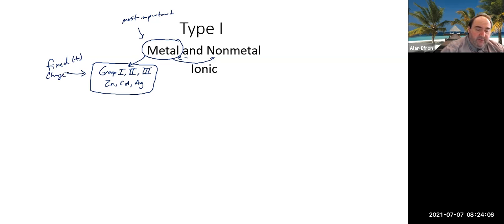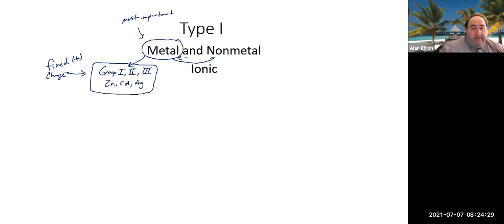So as soon as you look at something and see it is a metal and a non-metal, first off, that tells you it's an ionic compound. Secondly, when you see the metal is in group 1, 2, or 3, or is zinc, cadmium, or silver, that tells you it is a type 1 ionic compound.